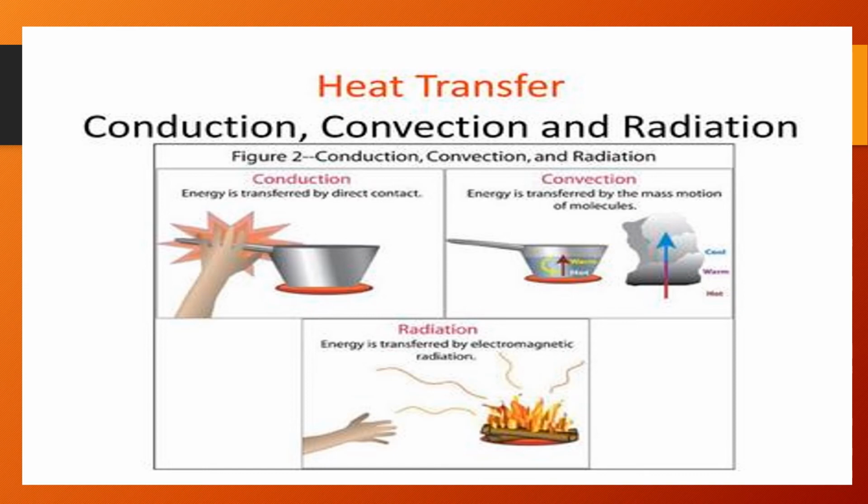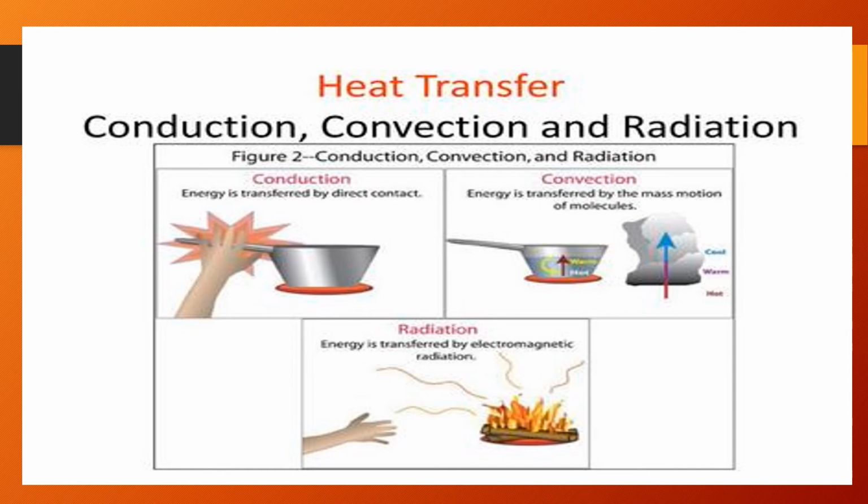And then in the second picture, you are seeing the convection. Here when the liquid is getting heated during the cooking, you observe that the hot molecules are rising up and the colder molecules are going down, and this is because of the convection.